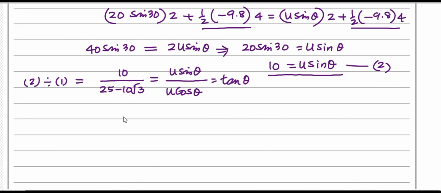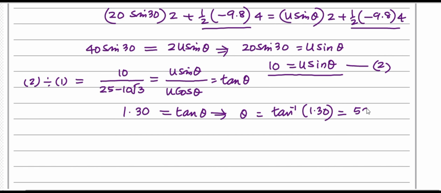Therefore, 1.30 is equal to tan theta, leading to theta equal to arc tan 1.30. That gives 52.48 degrees. Park it there. So we got theta.